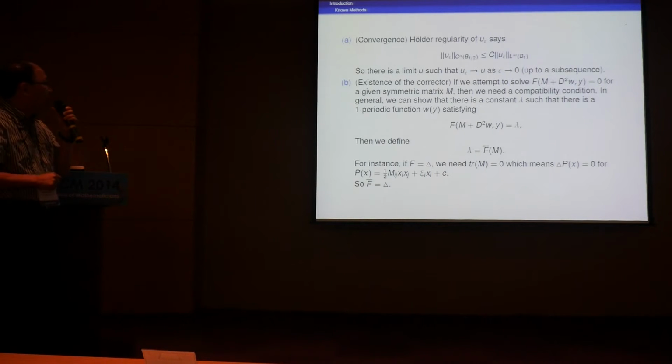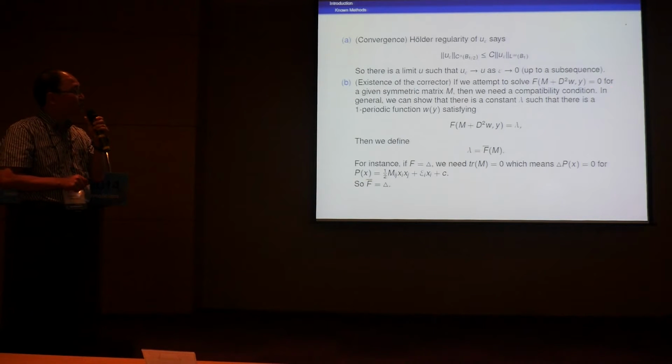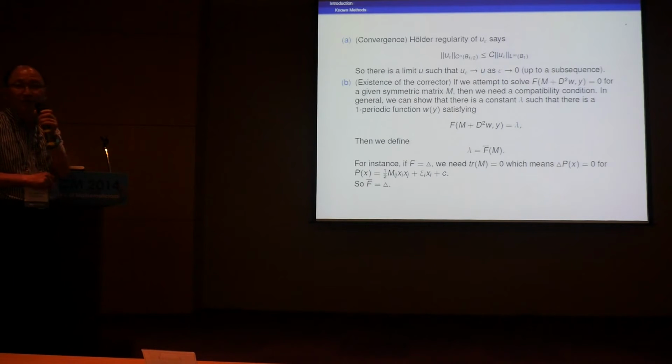And the existence of the corrector can be found in this way. But let's say you try to solve this equation for any given symmetric matrix M; generally it's almost impossible to solve. What happens is that there is a constant lambda so that there is a periodic function W satisfying this equation.